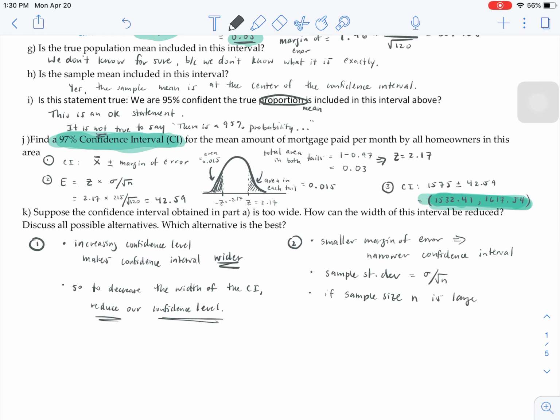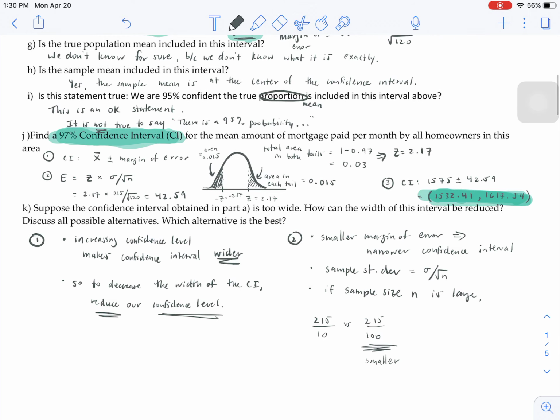is large, if n is large, this value becomes smaller. For example, if I divide 215 by 10 versus if I divide 215 by 100, this value is a lot smaller. So if I divide by a larger number, overall the value of this fraction is smaller. So if my sample size is large, the sample standard deviation is small.